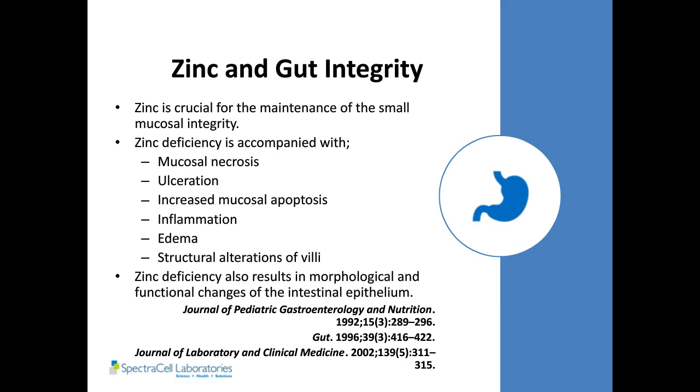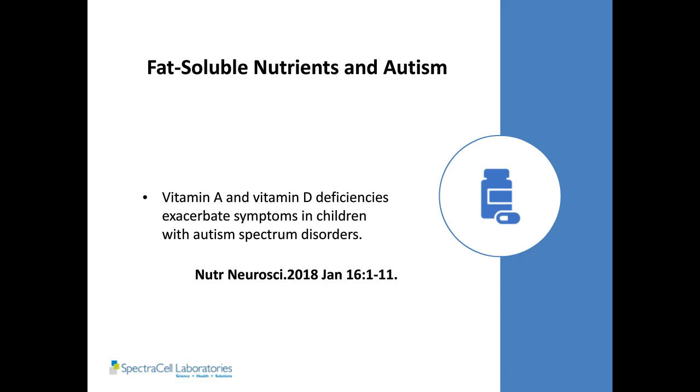Fat-soluble nutrients that have been associated with autism, we already talked about vitamin D, but you can see here vitamin A. They have found that vitamin A deficiency as well as vitamin D deficiency has been shown to exacerbate these particular conditions.